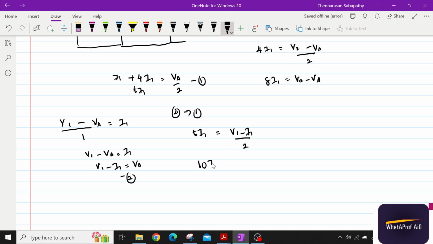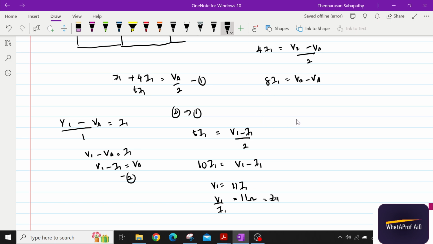So 10I1 equals to V1 minus I1. Okay, V1 equals to 11I1. So V1 over I1 equals to 11 ohm. This is Z11. So Z11 done.